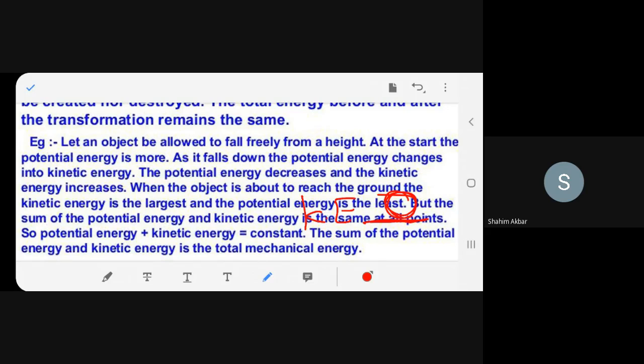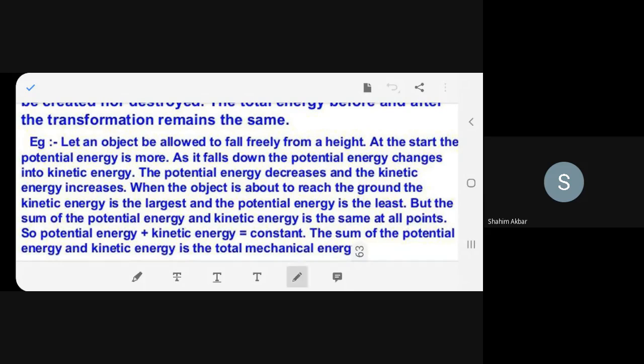Okay. But the sum of the potential energy and the kinetic energy is the same at all points. So potential energy plus kinetic energy is equal to constant. The sum of the potential energy and the kinetic energy is the total mechanical energy.